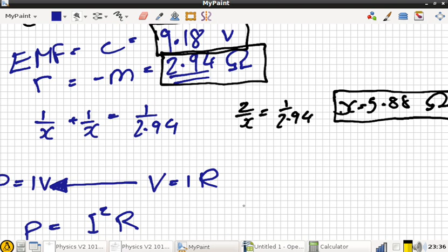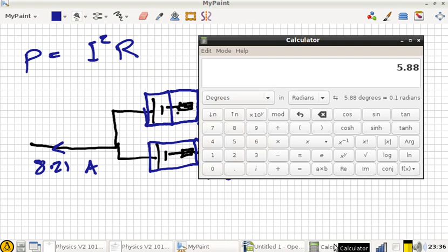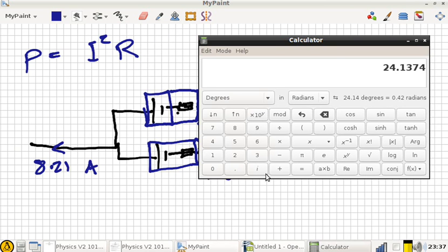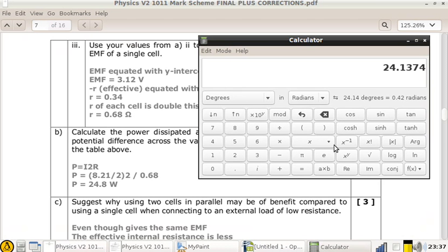So if I go to my calculator now, 5.88 multiply 4.105. I get 24.13, which is by accident nearly not too far away from this answer here, which is interesting. Accident. Or maybe, no, it is not.